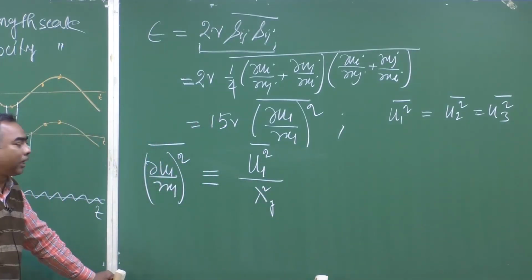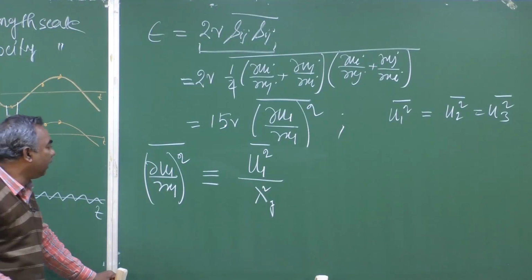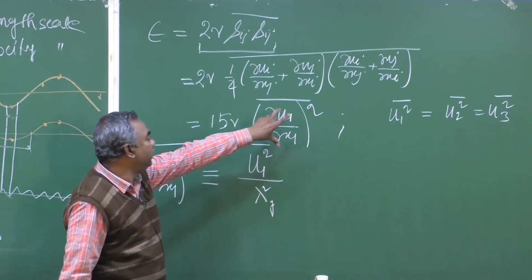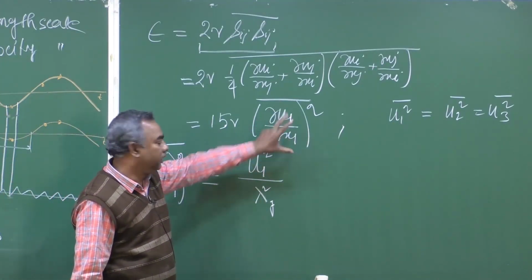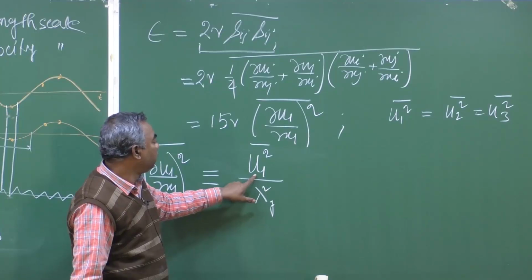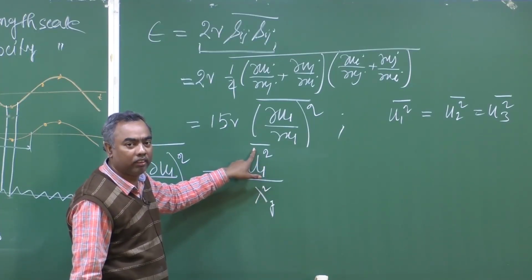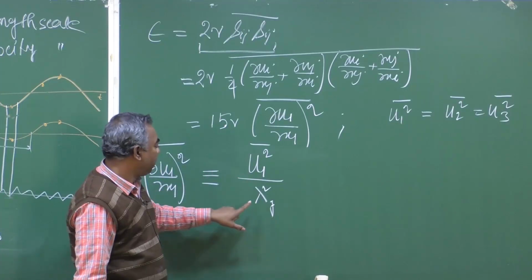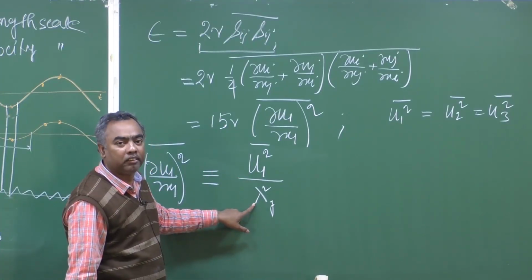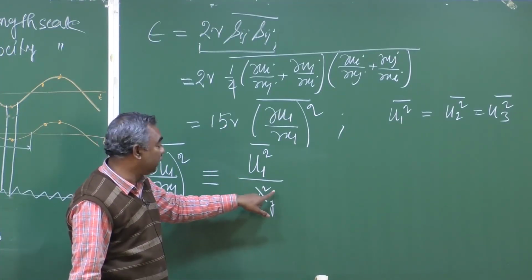Okay. What we are trying to do here is estimate this quantity using u1 square bar, which is nothing but u RMS square, divided by some scale square.